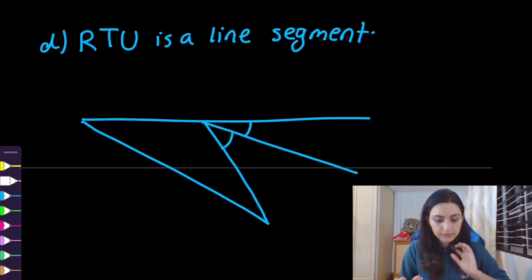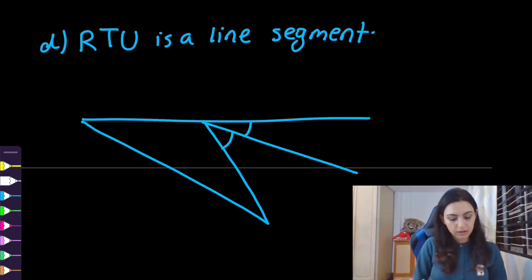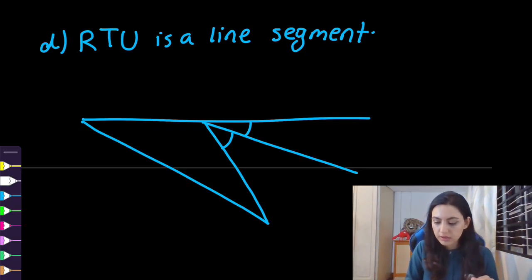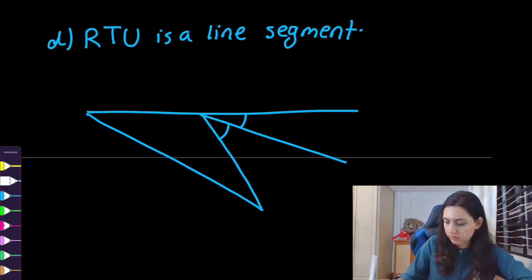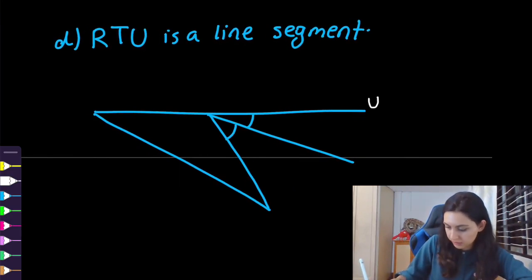Okay, the last practice question I'm going to do is on page 109, part D. RTU is a line segment. This one also looks a bit complicated, so I need to use some different colors for you.